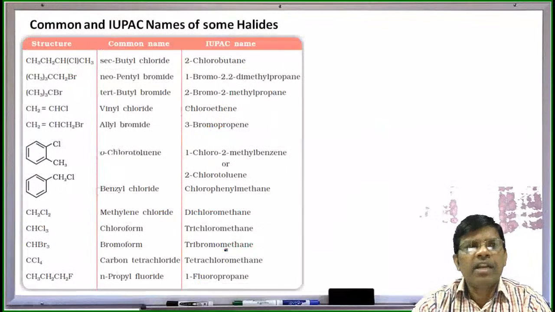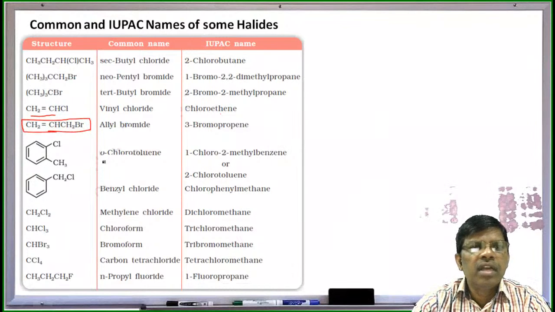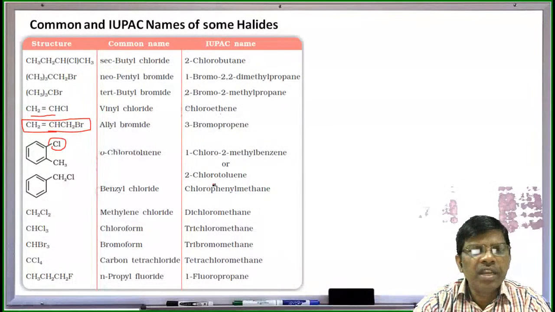Like this you can name them, and here are common and IUPAC names of some halides. Secondary butyl chloride is 2-chlorobutane, neopentyl bromide is 1-bromo-2,2-dimethylpropane. This is vinyl chloride, and this is allyl bromide. Orthochlorotoluene, also chloromethylbenzene. This is benzyl chloride, students.